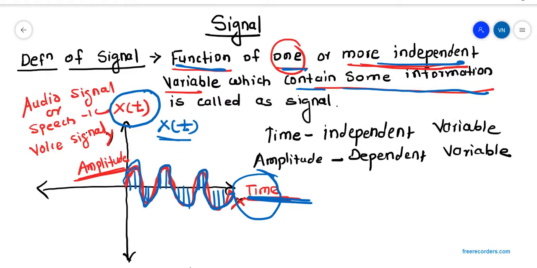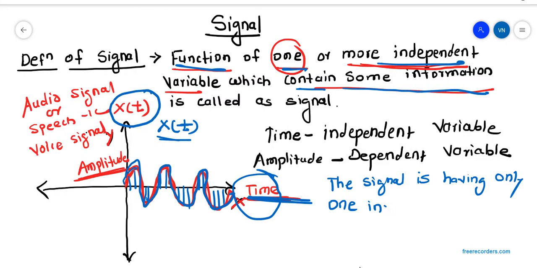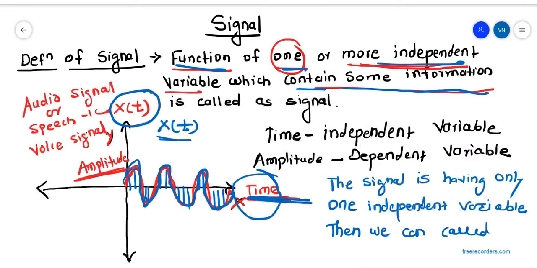So if the signal has only one independent variable, then we can call it a one dimensional signal.